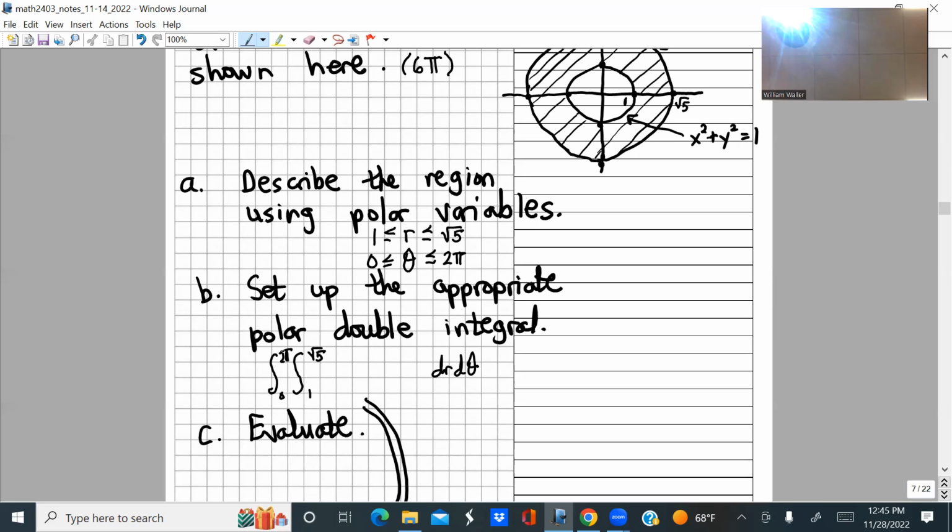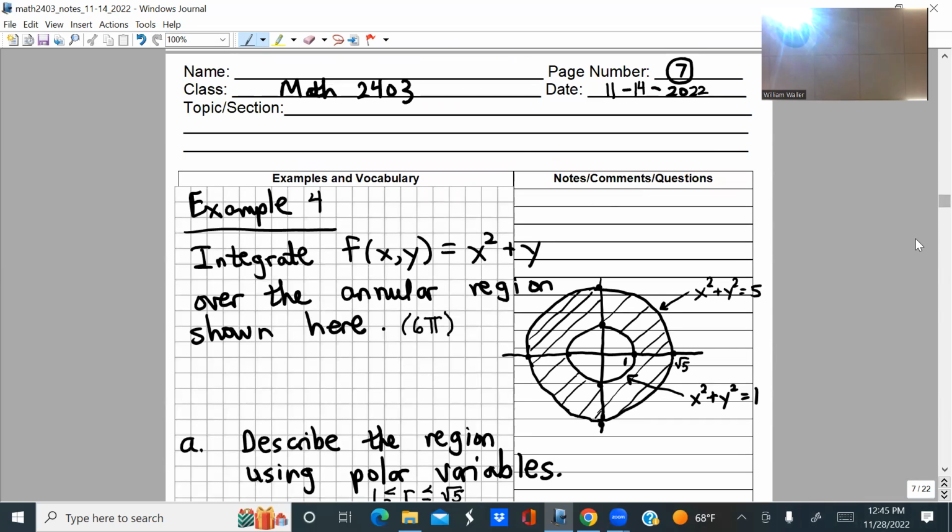Remember, you take the polar version of x and the polar version of y and plug them into your function formula. What was our two variable function here? Wasn't it x squared plus y, right? So in other words, evaluate f of r cosine theta, which is the same as x, r sine theta, which is the same as y.